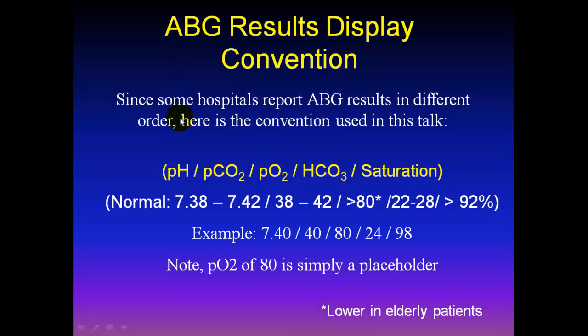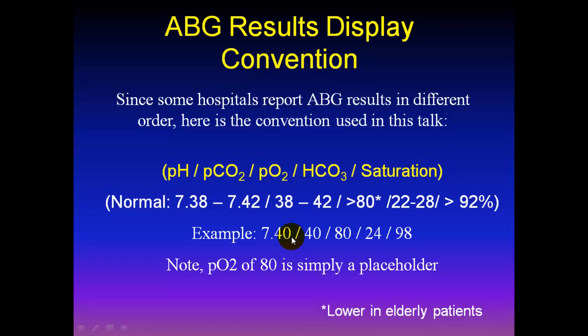Now, our hospital has a certain convention for listing ABGs that I'm going to stick with in this talk, but I want you to know that not all institutions use the same convention. Specifically, we list pH and PCO2 first, followed by PO2, bicarbonate, and saturation. I have the normal values listed over here. I'm not going to read them. And I have an example, but I want to point out that throughout the entire discussion, I'm not going to label any of these values.